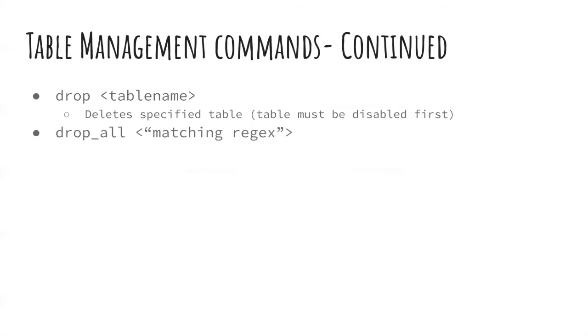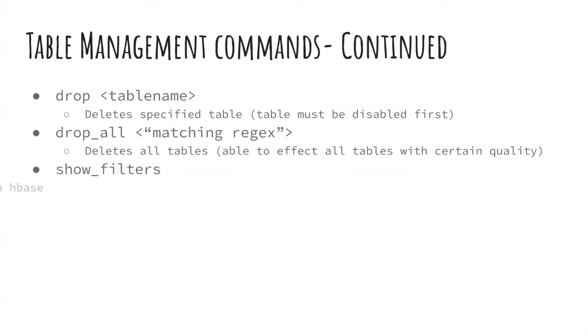Then the drop all command with a matching regular expression is pretty much the same concept as enable all and disable all for a regular expression. It deletes all the tables that match the regular expression that you have specified. Or you don't have to have a regular expression for it to match. You could just drop all of them.